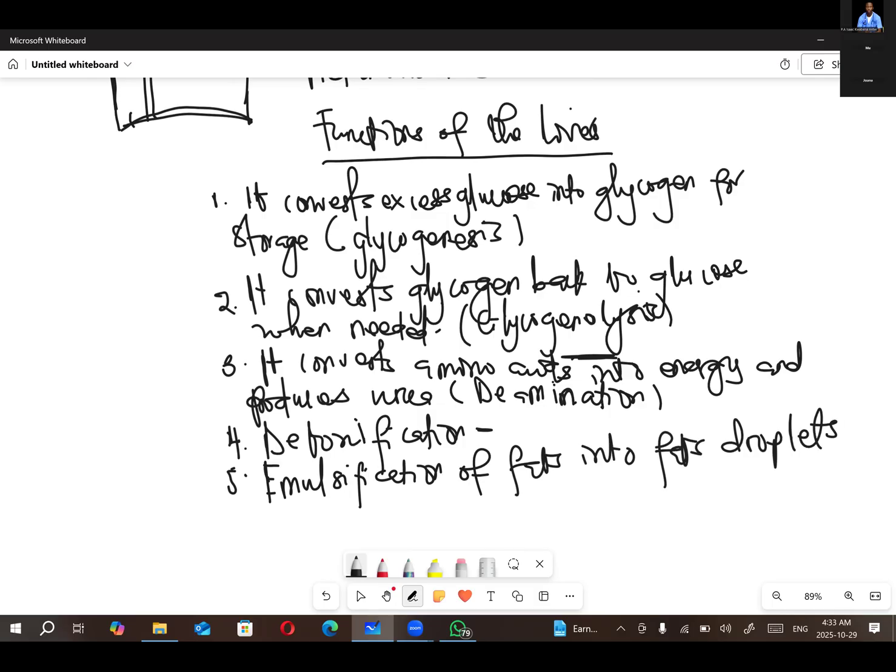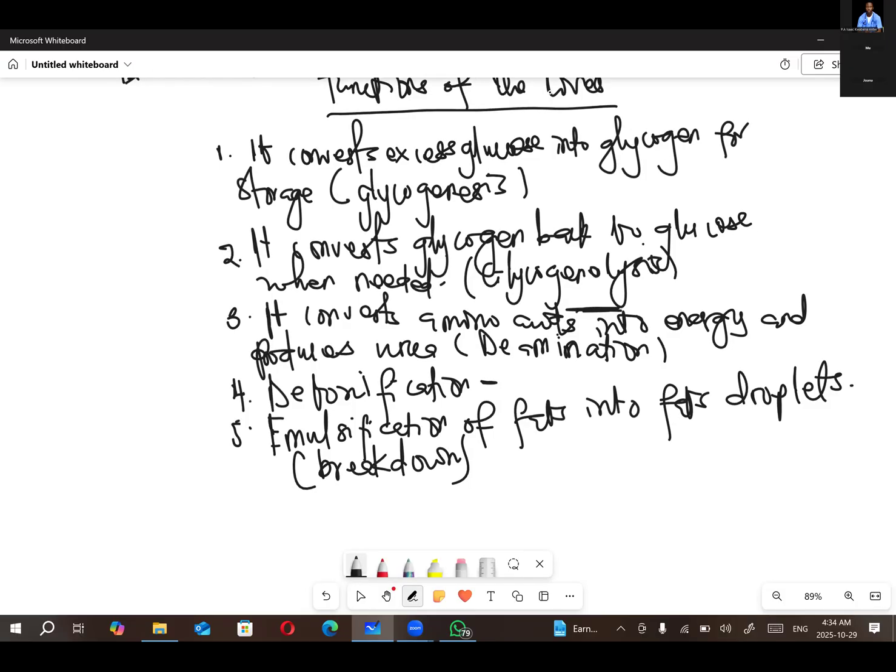When I say emulsification, I mean breakdown. It even regulates body temperature, temperature regulation.